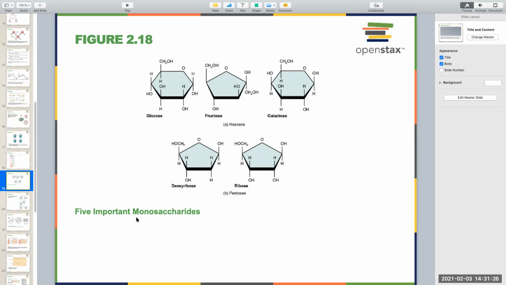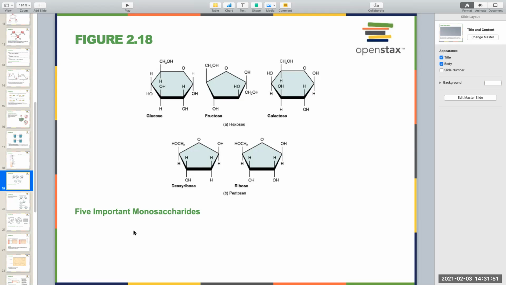In the case of carbohydrates, the monomer for a carbohydrate is a mono, so one saccharide. A monosaccharide is the building block for carbohydrates. So if I tell you that I have a monosaccharide, that means I have one saccharide, and I'm probably talking about glucose.